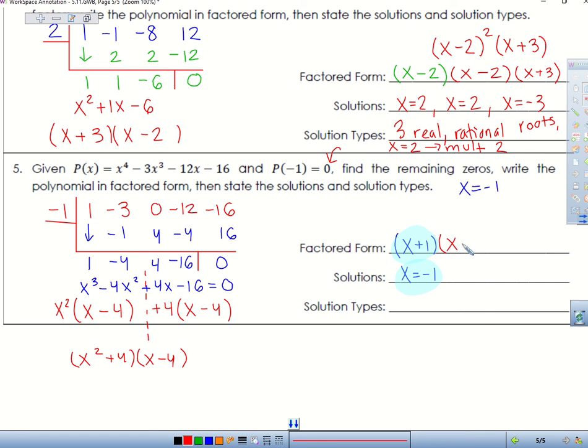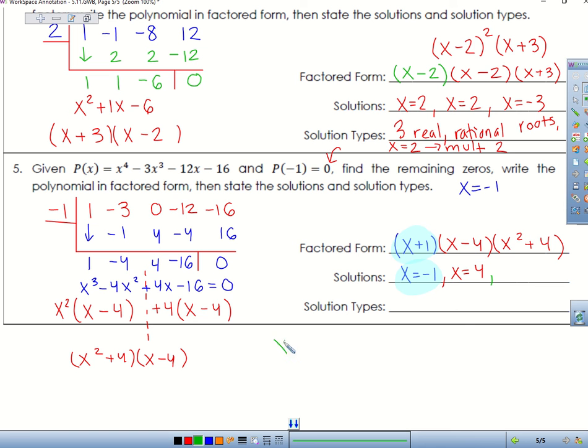So we have this, and we have this. If you ever have the sum of two perfect squares, you cannot factor that further, only the difference. So I also know I have a solution of x equals 4, but how can I find the last solution? What do I have to set equal to 0 to find the last one?